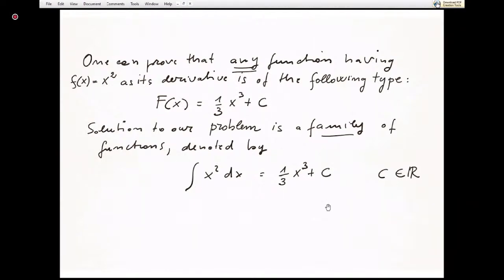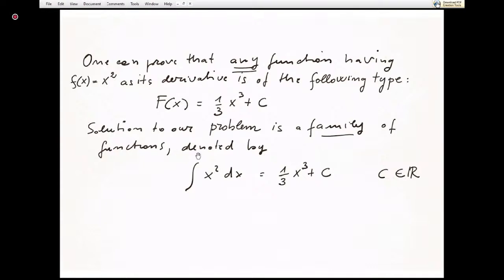I want to focus on this because it is a matter of notation, but also a conceptual matter. This symbol is the symbol of indefinite integral. So we say the indefinite integral of x squared dx denotes the family of functions having x squared as their derivative.